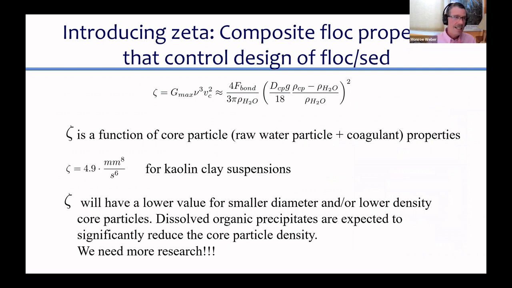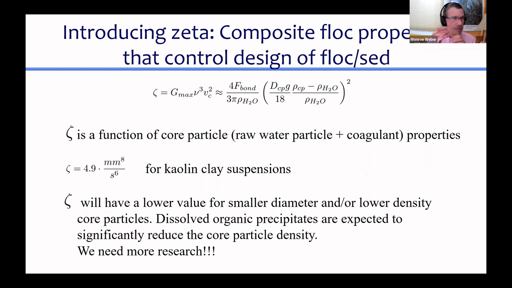So I decided to invent a new symbol, and I admit that I must have spent like 8 hours trying to figure out how to do this, because I like dimensionless quantities, and I couldn't figure out any way to make a beautiful dimensionless quantity for this parameter, because this parameter, which I'm calling zeta, describes a whole bunch of flock properties and the coagulant properties.